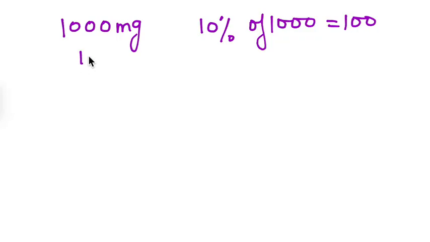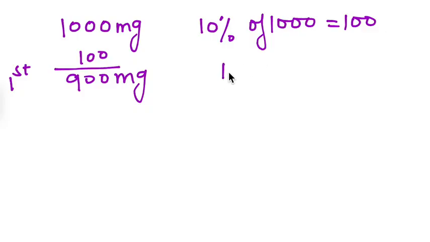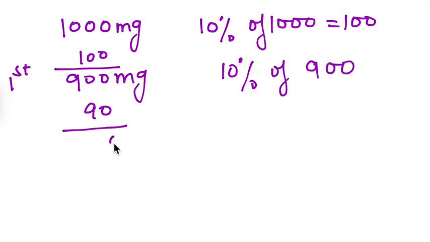So after the first year it will be 900 milligrams. Now for the second year, it will lose 10% of 900, which is 90, so it's 810 milligrams.